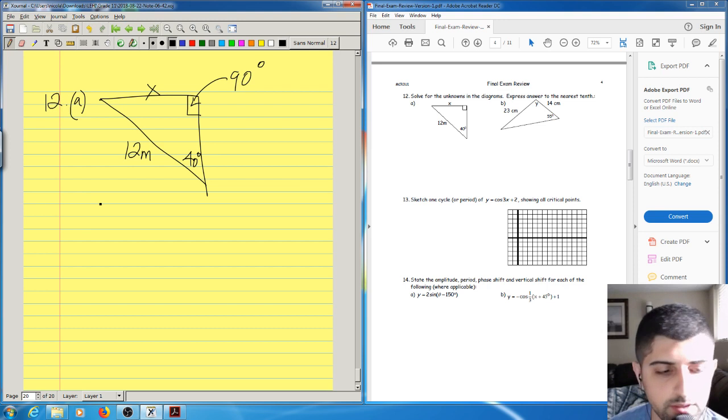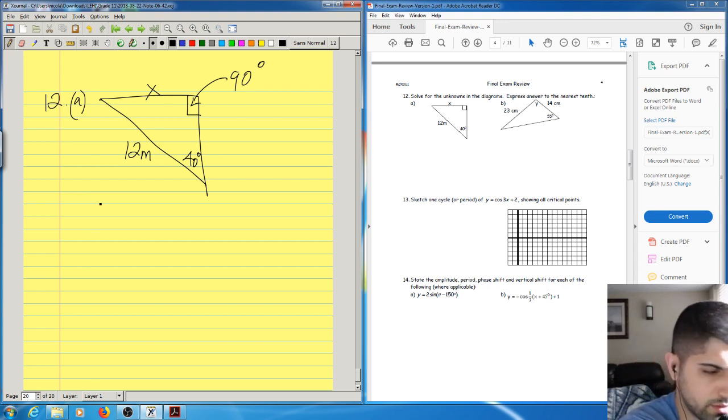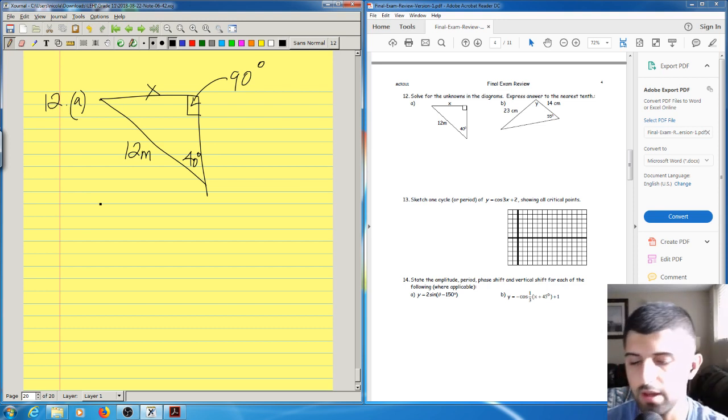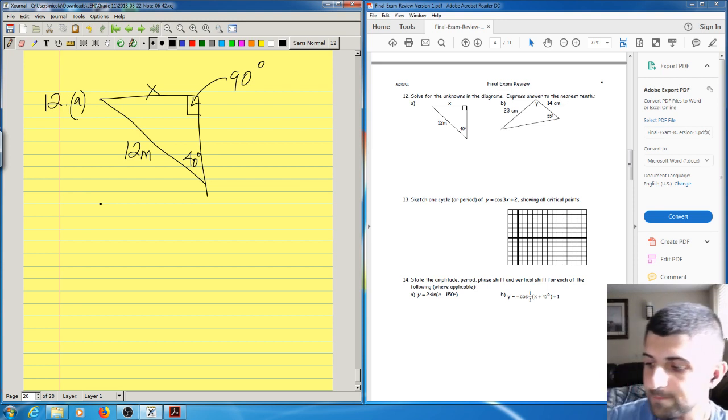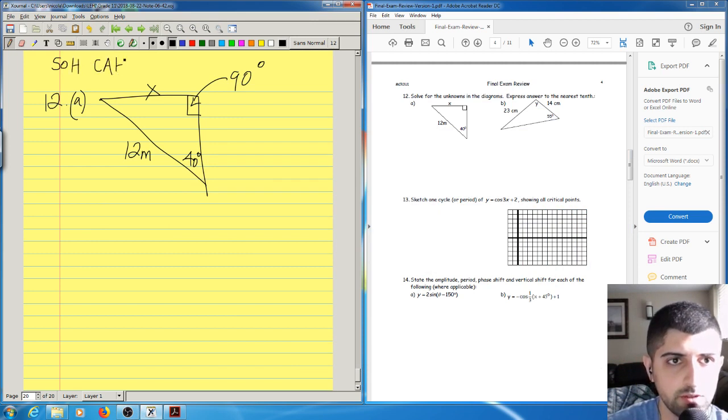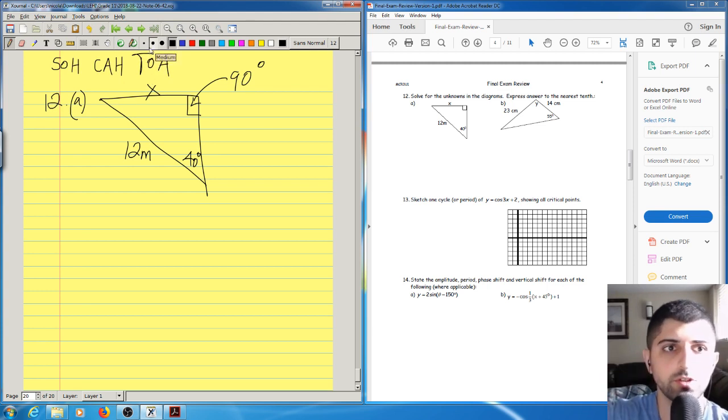Now, this is probably taught to you in grade 10? But there's this thing called Sohcahtoa. Now, in Sohcahtoa, it's kind of like a cheat, and it's basically telling you to use a certain trig ratio with a certain ratio defined, right?